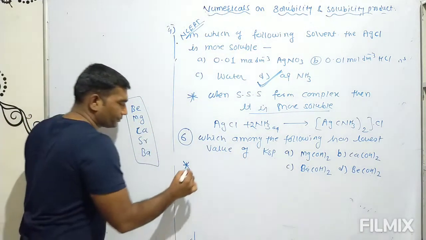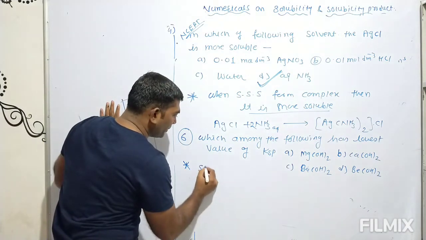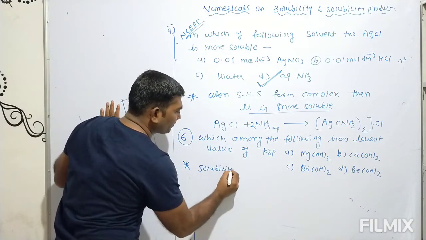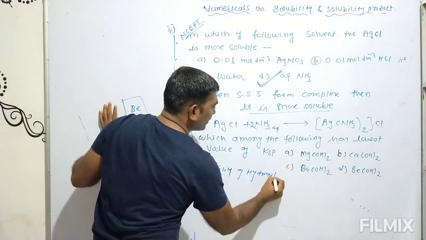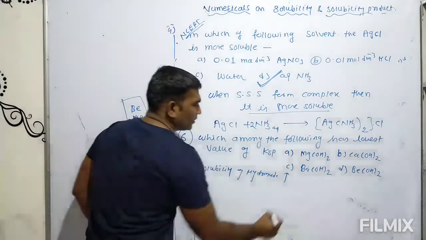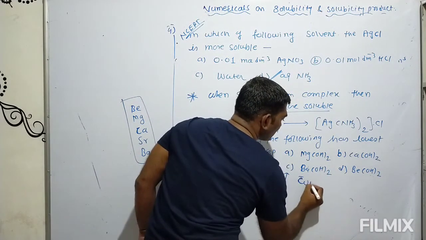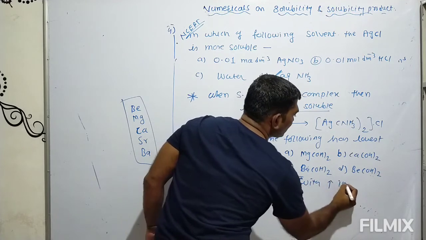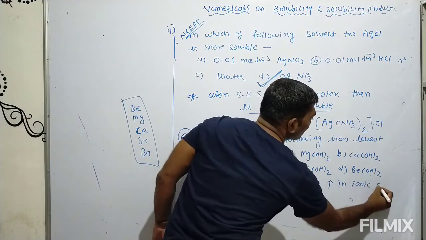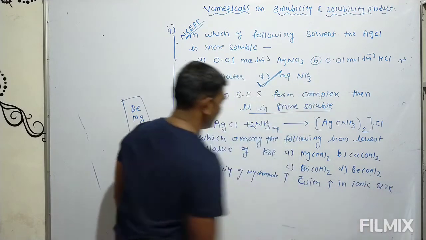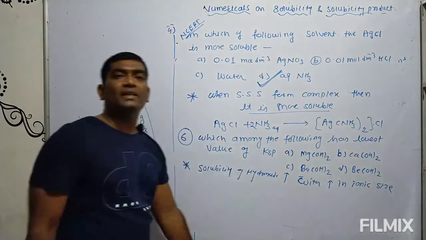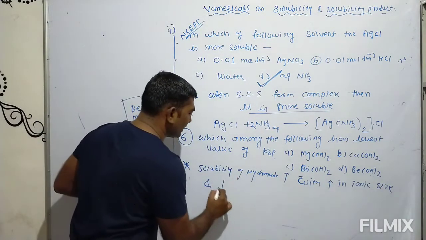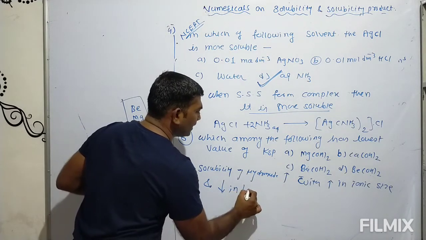Make a note. Solubility of hydroxide increases with increase in ionic size and decrease in lattice energy.